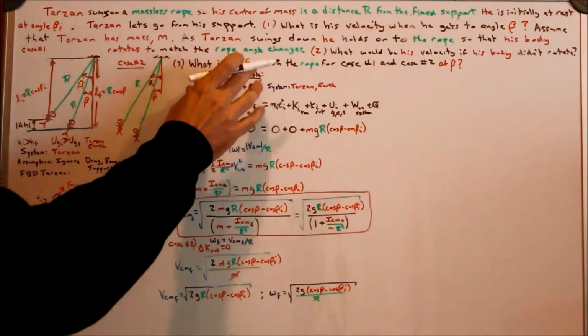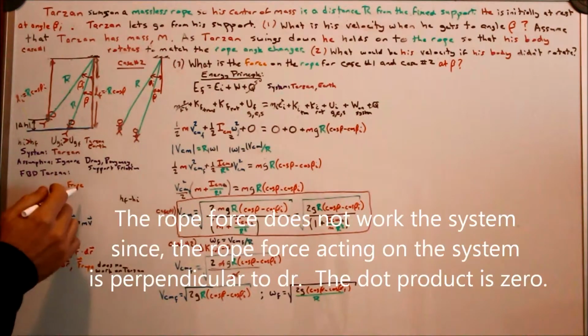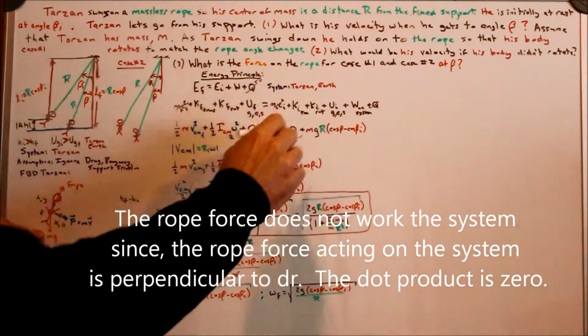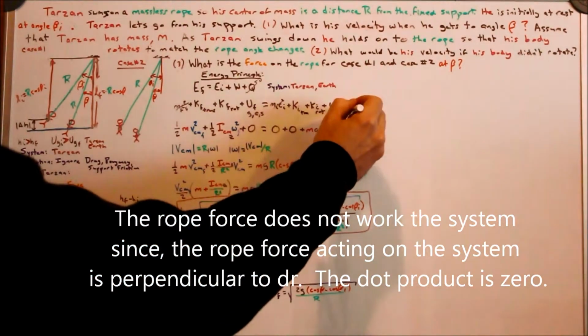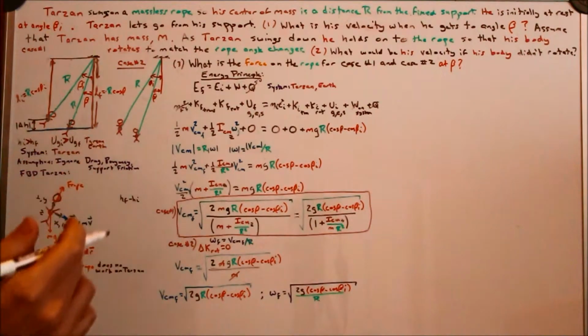If my system is Tarzan and the Earth, then we know this does no work on it. I'm going to include this as potential energy, so we know that there's no work on the system since I picked Tarzan and the Earth.